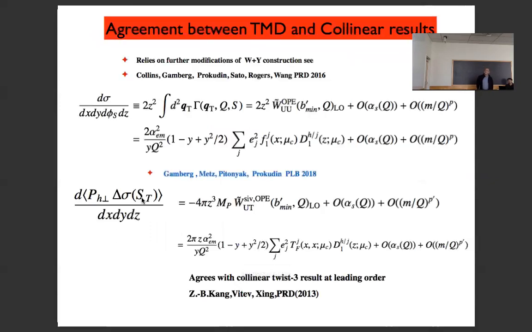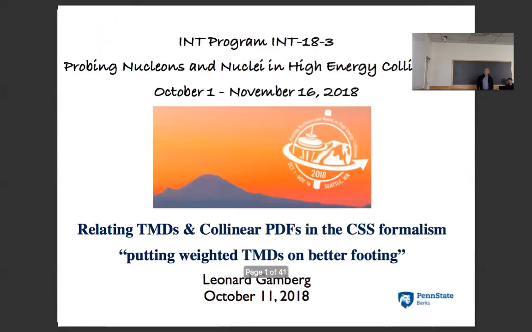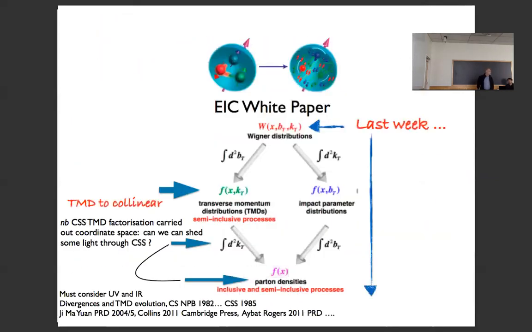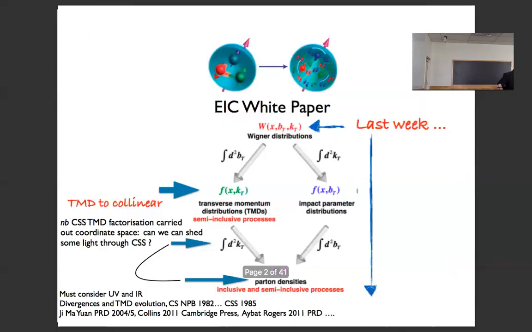But let me go back to my first slide and ask people if they think that this is an accurate thing to have in the white paper, because the impression that people get is that you can do an integral over the TMD and get a collinear PDF, and I think that that is, as Davison Soper knows well, and others, is fraught with difficulty, and I think it needs to be elucidated anyway, and I'm open to, should this be changed? Anyway, so that's the last thing.